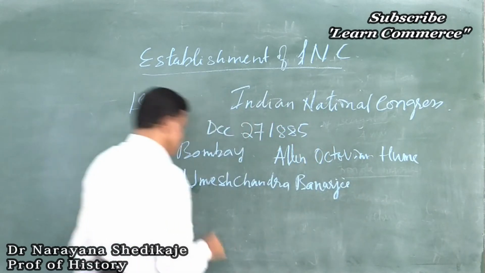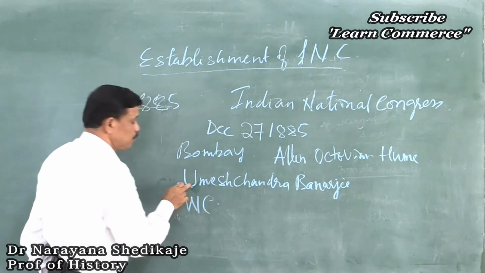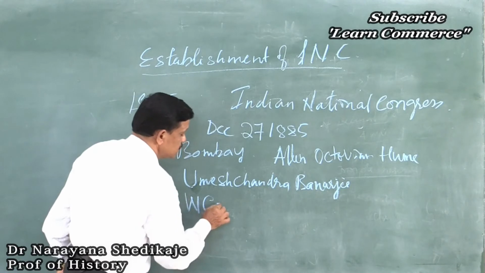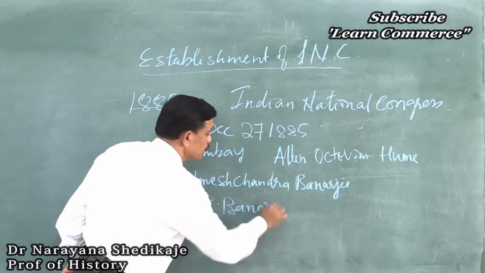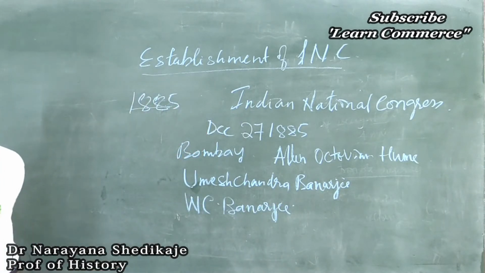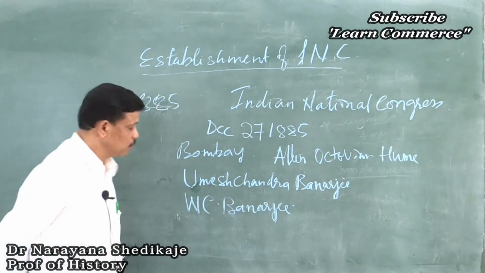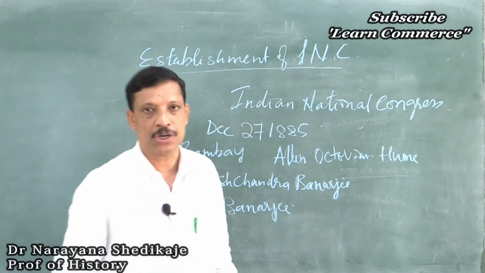In English, what we call W.C. Banerjee. Instead of U, W.C. was used. As president, he was a leading lawyer of Bengal, W.C. Banerjee, or Umesh Chandra Banerjee. He led the association.